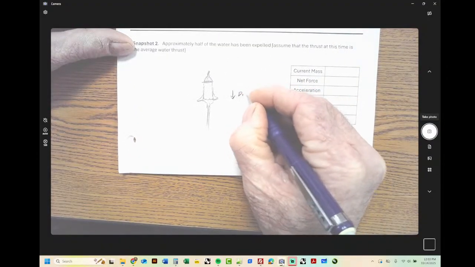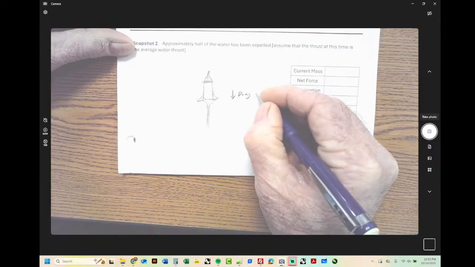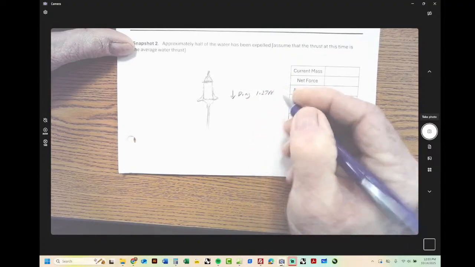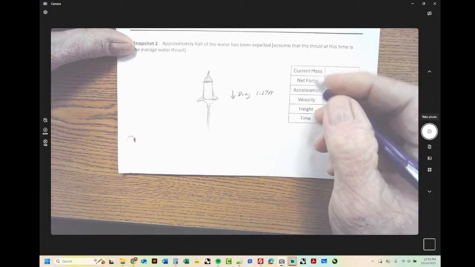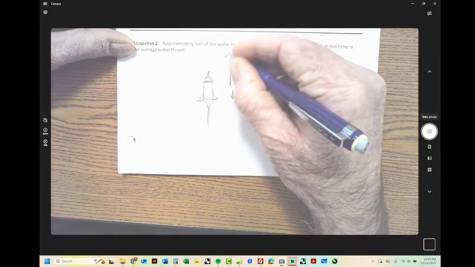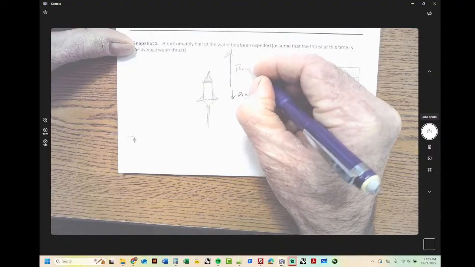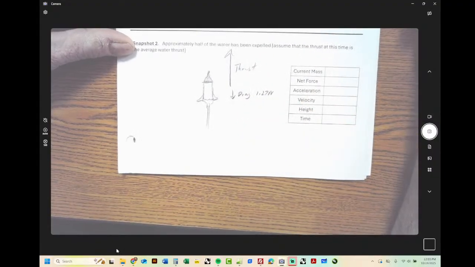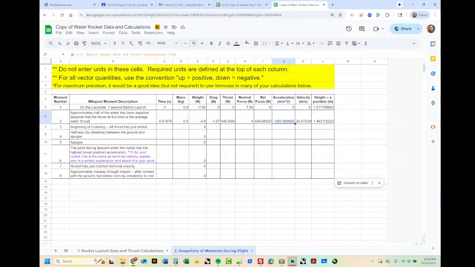So there's the drag force, and I guess I'll label it 1.27 newtons for mine. And there's thrust, which was 646.8. And there's also weight, which is negative 4.9.